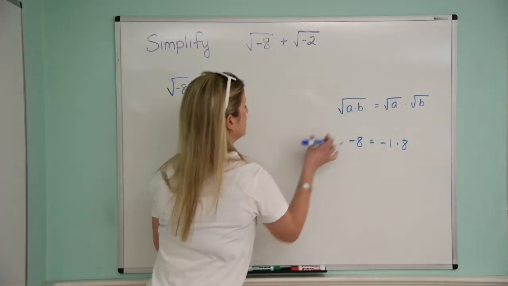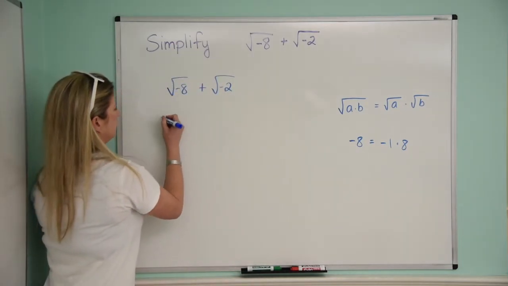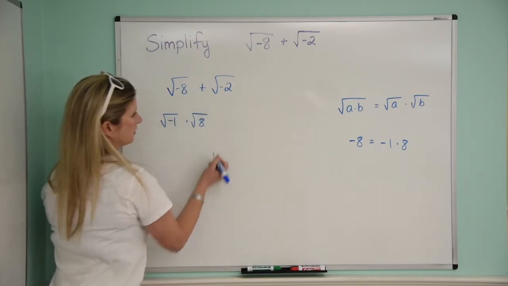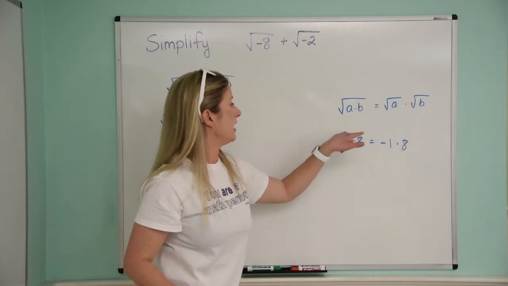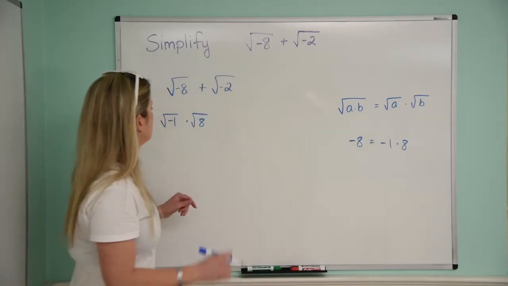Okay, and so then I'm just going to use it with radicals. So I'm going to rewrite the square root of -8 as the square root of -1 times the square root of 8, right? Because I'm just rewriting -8 as -1 times 8, and I can think of it as the square root of -1 times the square root of 8, all right?